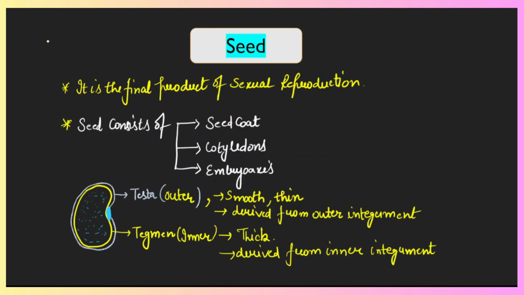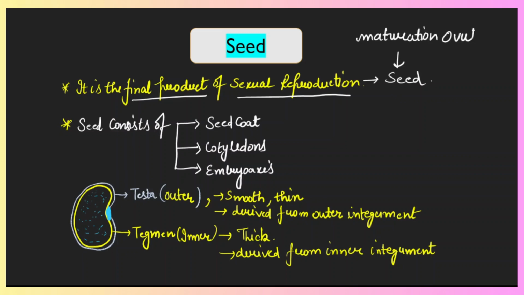We know that seed is the final product of sexual reproduction. The formation of seed is from the maturity. When the ovule gets mature, the formation of seed occurs.